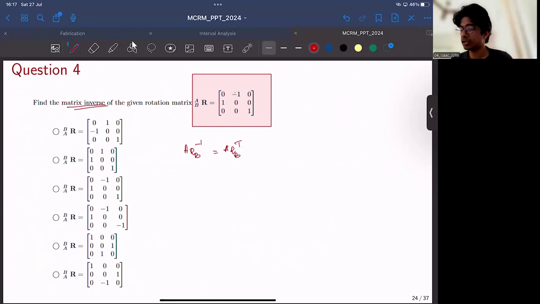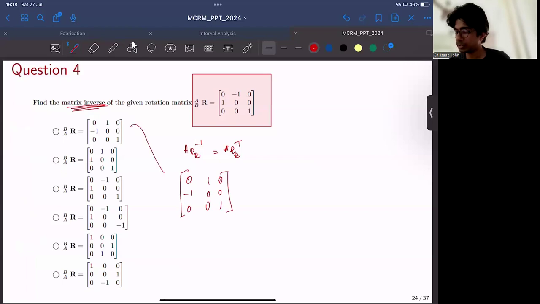Right? So the question asks you to find the inverse. You only need to take the transpose of it. So that makes it 0, minus 1, 0, 1, 0, 0, 0, 0, 1. Which answer is correct? Let's see, option A. I think option A is pretty much the correct answer.